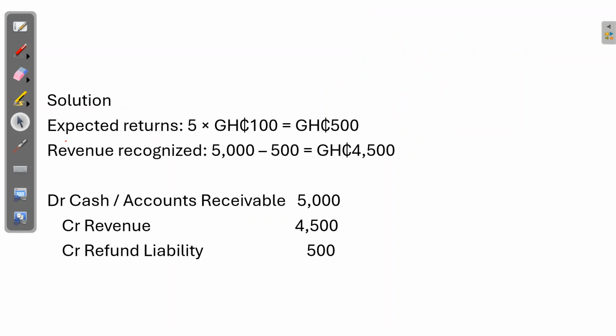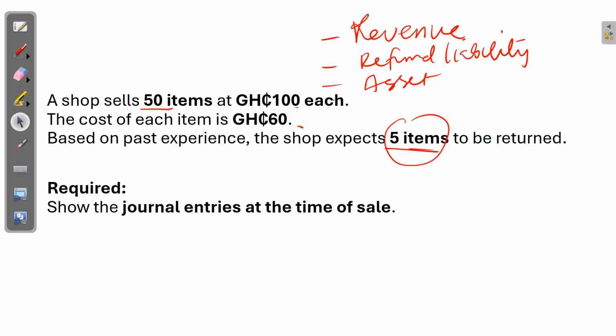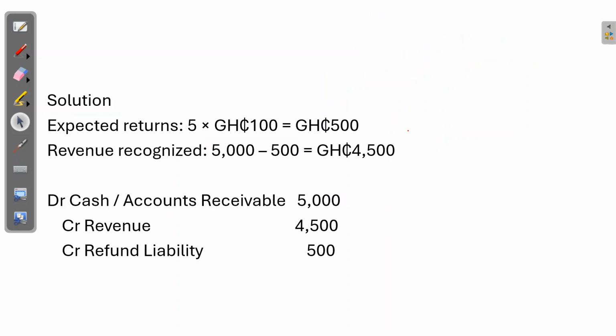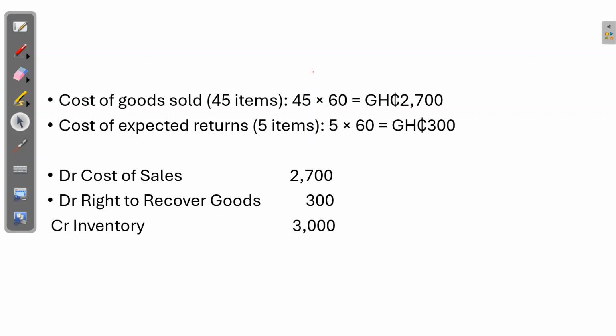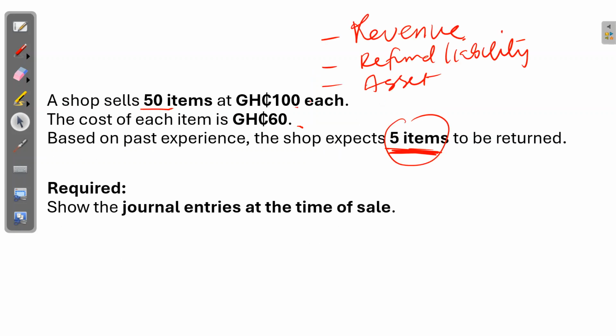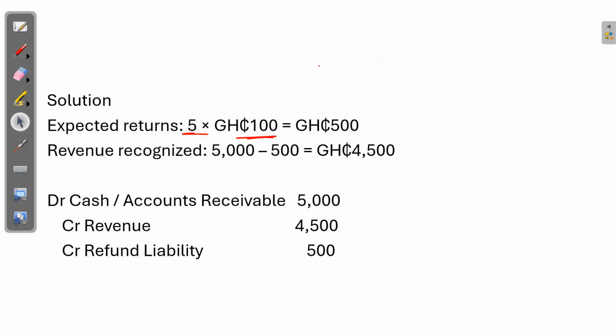So we have expected returns. We are expecting five goods to be returned. And what is the value? Each product is 100 cedis, isn't it? So we are expecting 500 cedis to be returned.